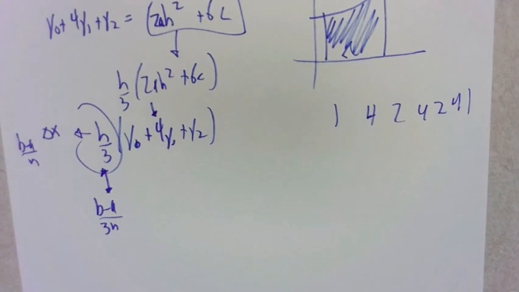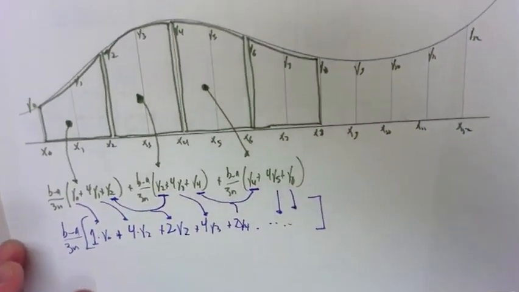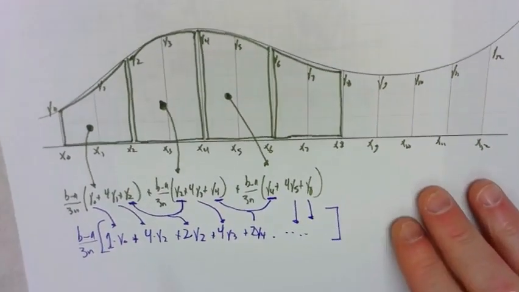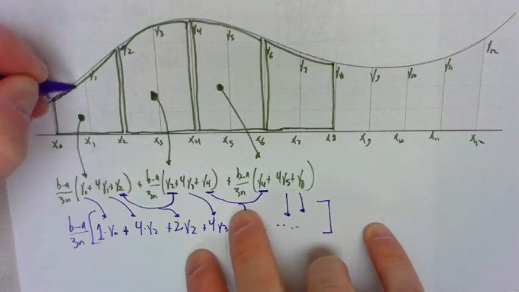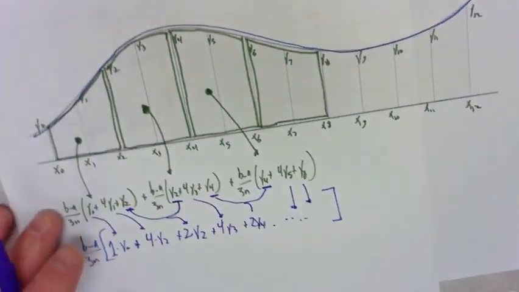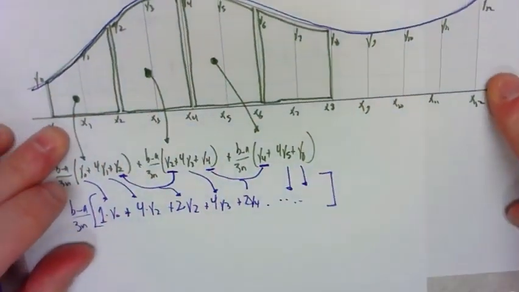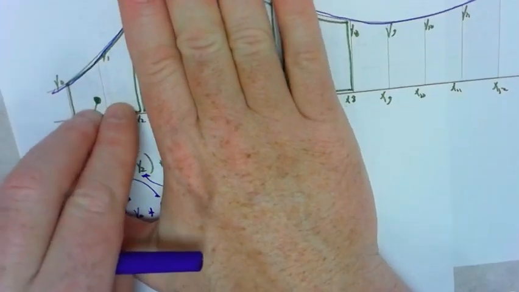Okay, so now let's do this. Now look at this picture. Okay, so let's pretend we have just some function, right? So here's some function. And I've divided it into different pieces. But let's take these pieces 2 at a time.